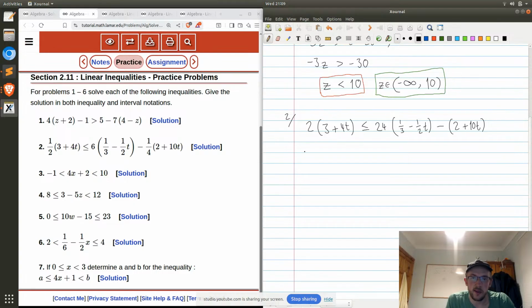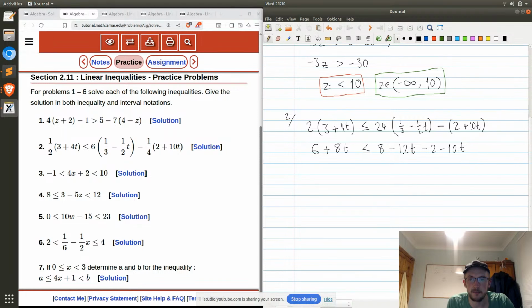And now to expand. So I will have 6 plus 8t on the left. And what is a third of 24? Well, that would be 8. And what is half of 24? That would be 12. So I write negative 12t. And now I've got this minus sign in front of a bracket, so it becomes minus 2 minus 10t. And now this is much simpler.